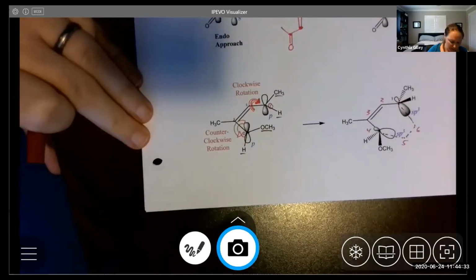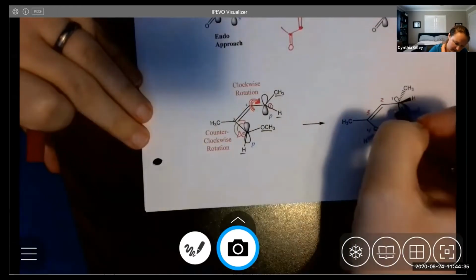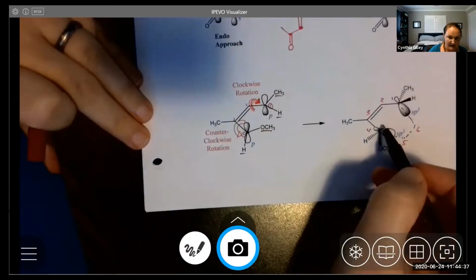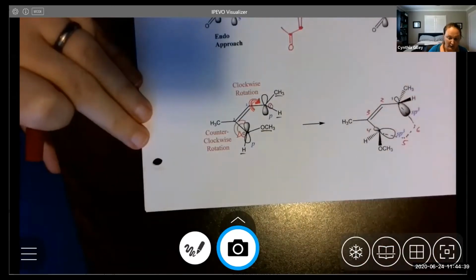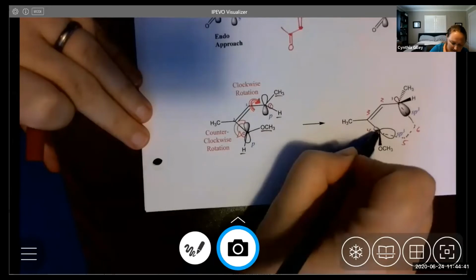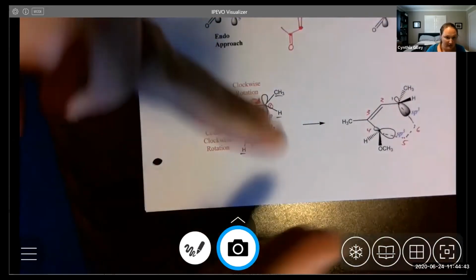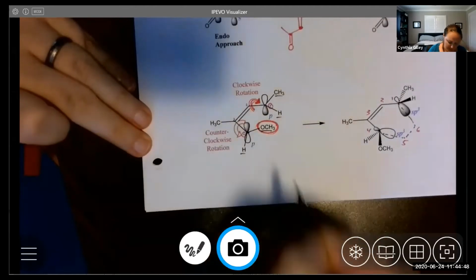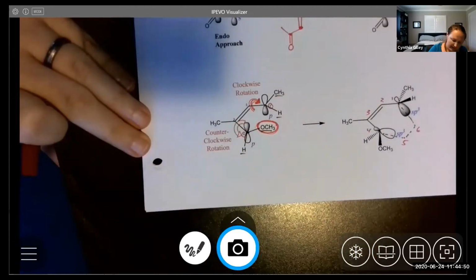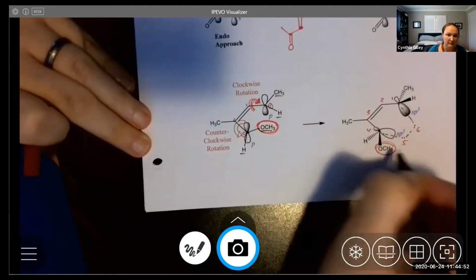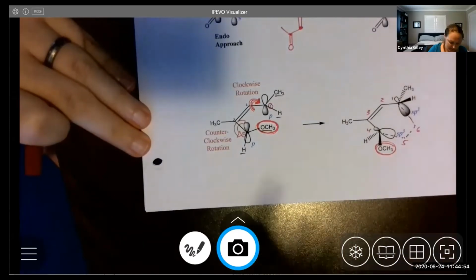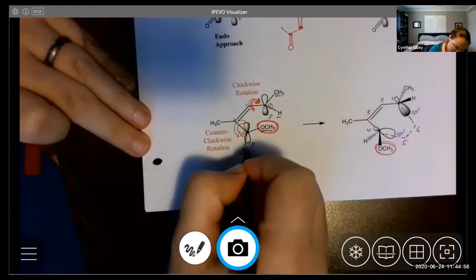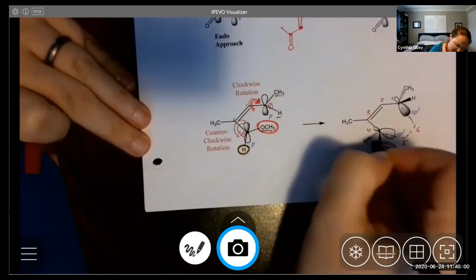Okay, so they're rotating. This one had rotated clockwise, this one had rotated counterclockwise in order to get their sigma bond in the right direction. So this group that is pointed in ends up up because of the direction of the rotation. This group that was pointed out ends up down.